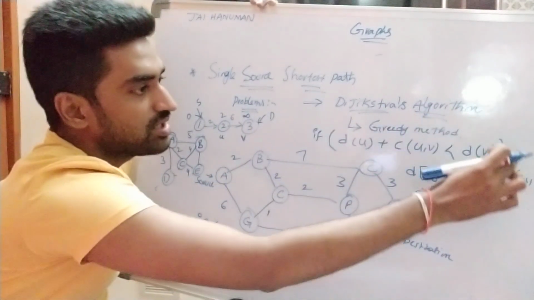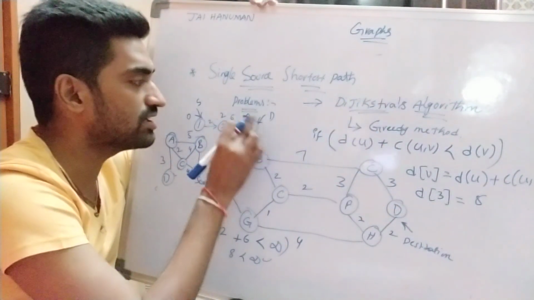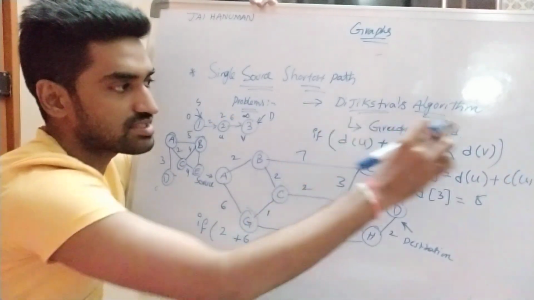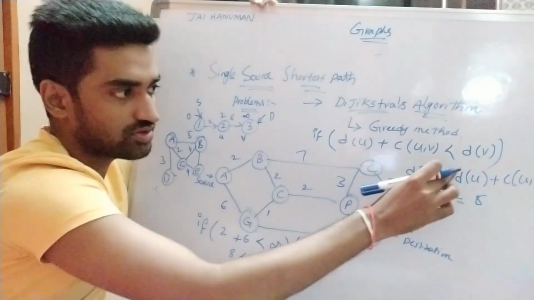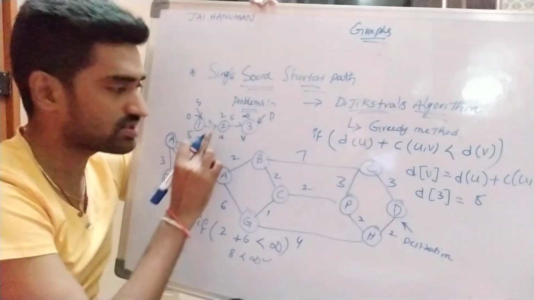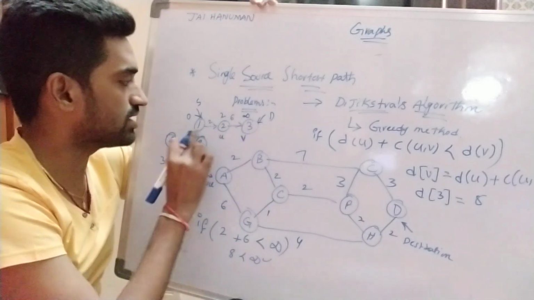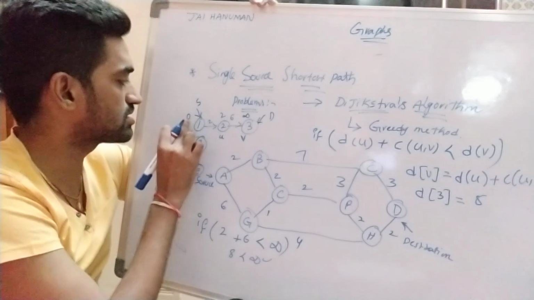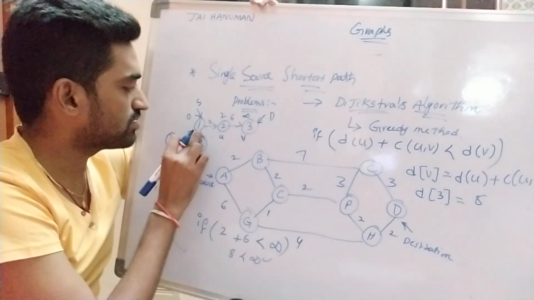So this is the simple instruction in Dijkstra's algorithm. Before updating the distance of any vertex, we compulsorily check this condition. Once the condition becomes true, then the distance of v is set to this value. In this example, I want to find the path from source 1 to destination 3. Initially, the source distance is 0.